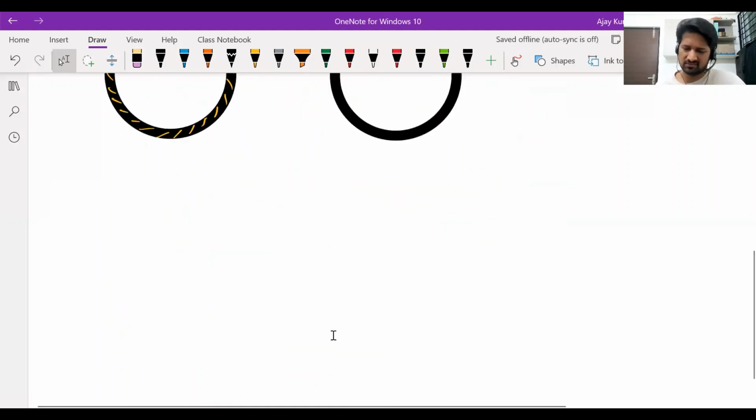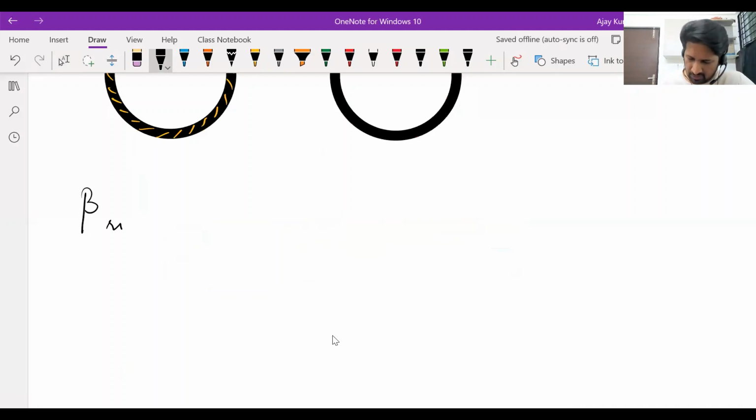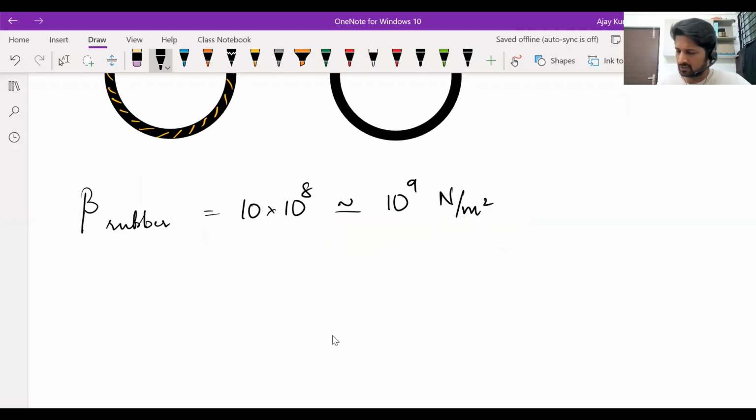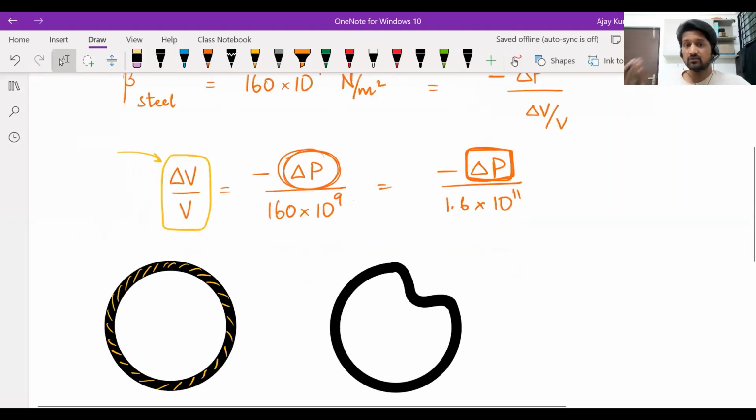That is significantly low compared to that of steel. They gave 9.8. Let us take it as 10 into 10 power 8, that is close to 10 power 9 or less than 10 power 9 Newton per meter square. But for steel, it was 160 into 10 power 9, 160 times greater than rubber.